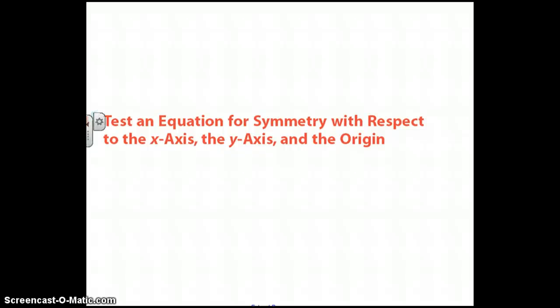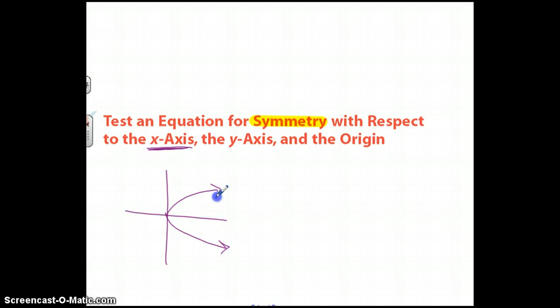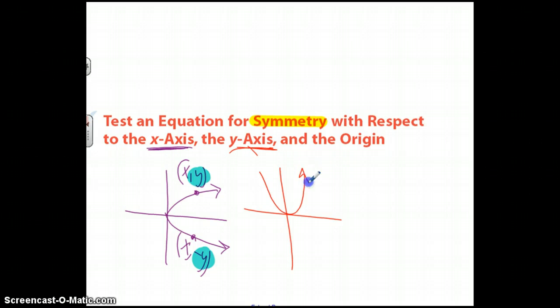Testing for symmetry of a function. To find out if it has x-axis symmetry, that means it's going to reflect about the x-axis. Notice that this point, x, y, comes down here to be x, negative y. So the definition for x-axis symmetry is I'm replacing y with negative y. For the y-axis symmetry, it's kind of what we were looking at with the parabola.